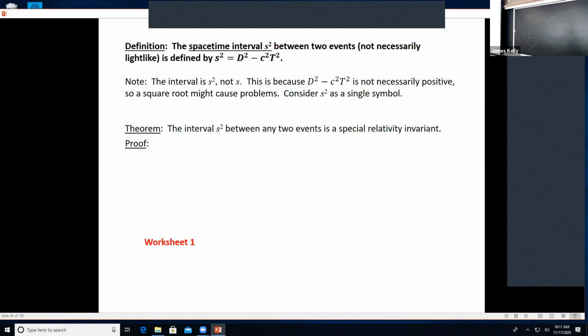We're just doing problem 1, which gives you a physical setup, my usual thing of somebody traveling between planets, and we define some events, and I want you to find the space-time interval between those two events.